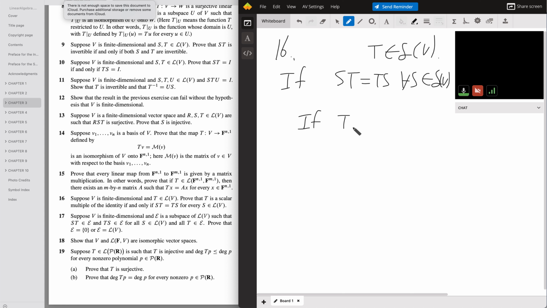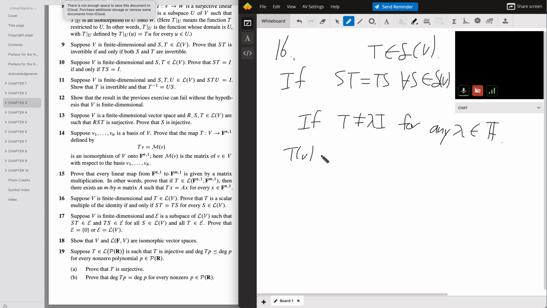So let's say T is not, for any, so anytime I'm lost, I think contradiction is a good place to start. Let's say it's not equal to lambda times the identity for any such lambda. Let's see if there's a way to break it.